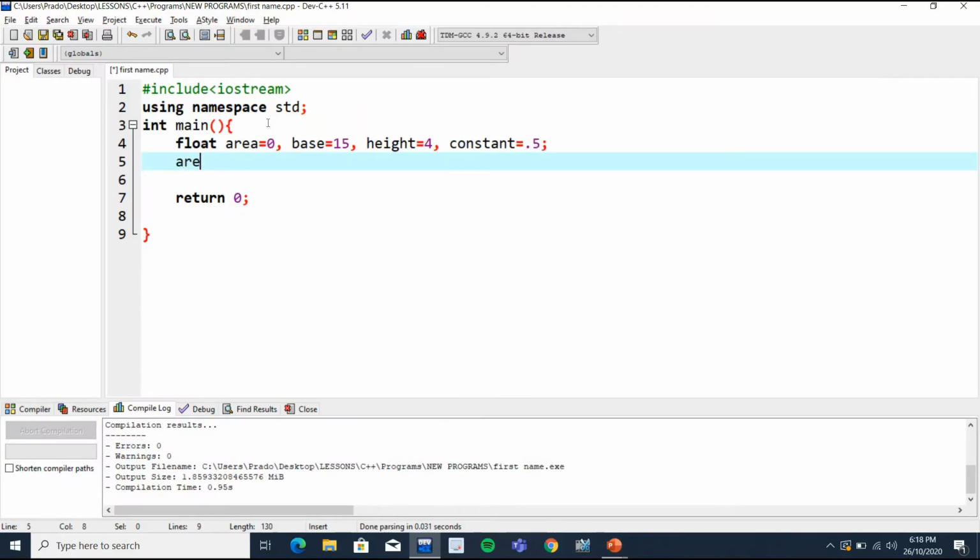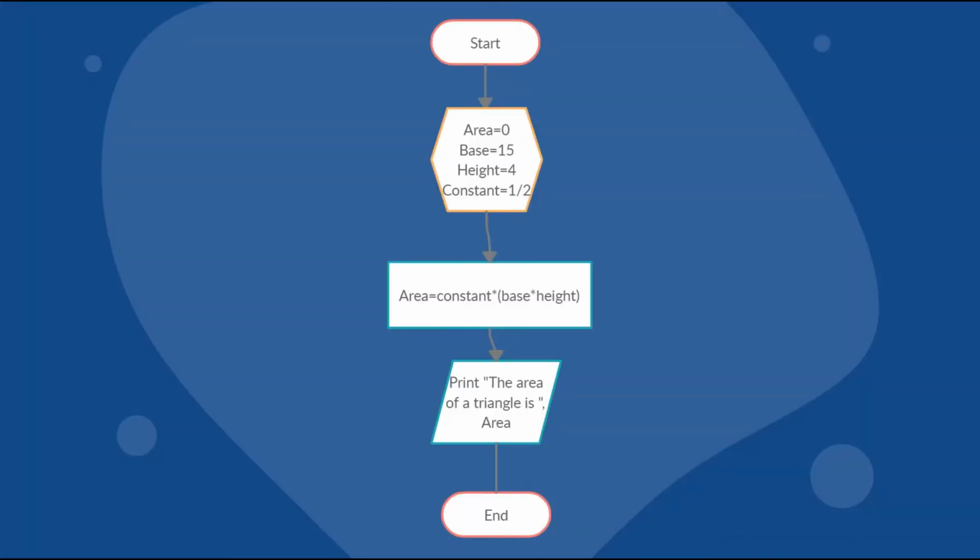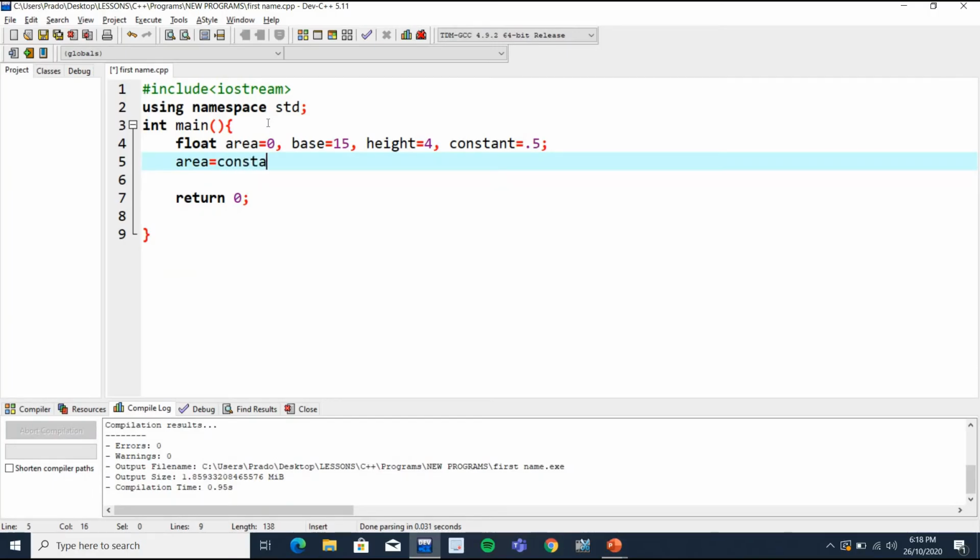Next, ilalagay na po natin agad si area. Yung formula ng area, which is area is equals to constant times parenthesis base times height. And then semicolon.